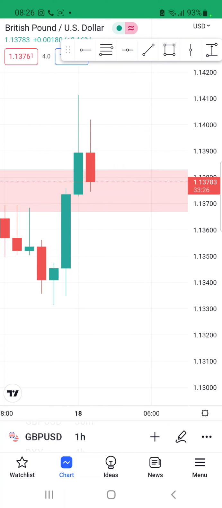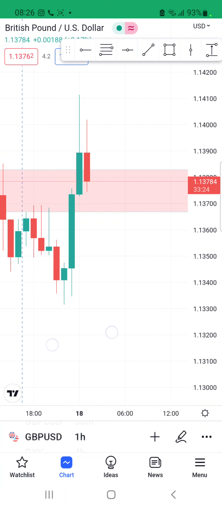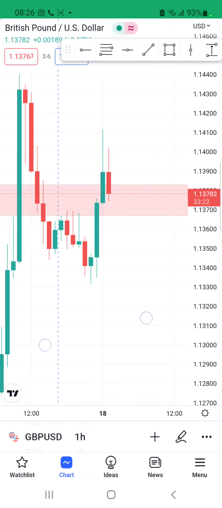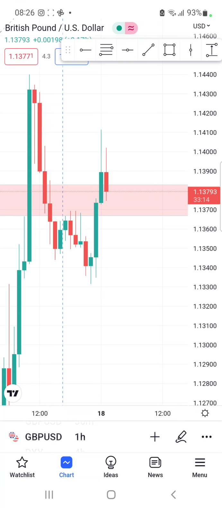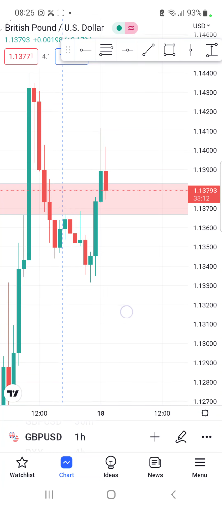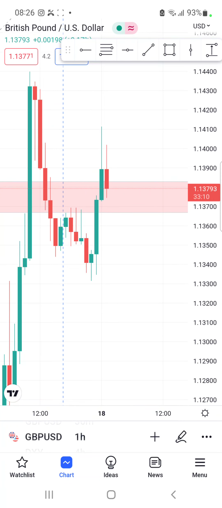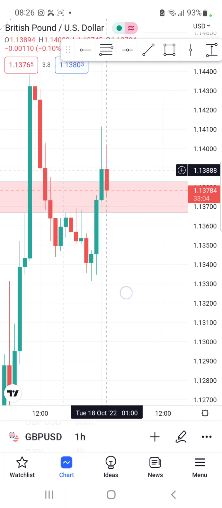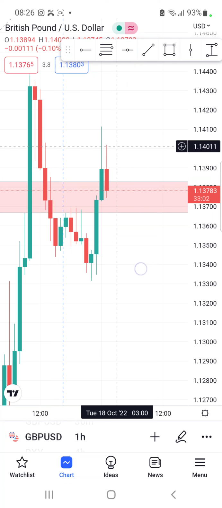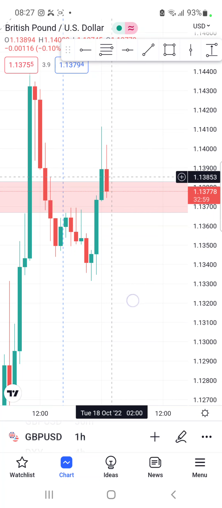What I'm saying is, if it's a bullish candle, price starts by forming the lowest point of that candle. Like the one that is currently forming here, this 1 hour from 8 to 9, you can see it's a red candle. Price has opened right here, then pushed all the way up here, then price is going down.